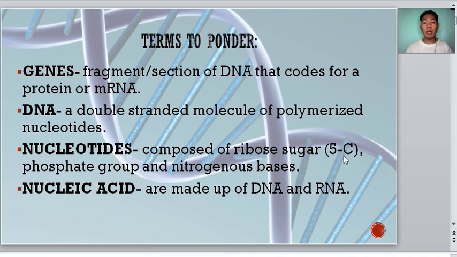Further, a ribose sugar is a 5-carbon sugar.